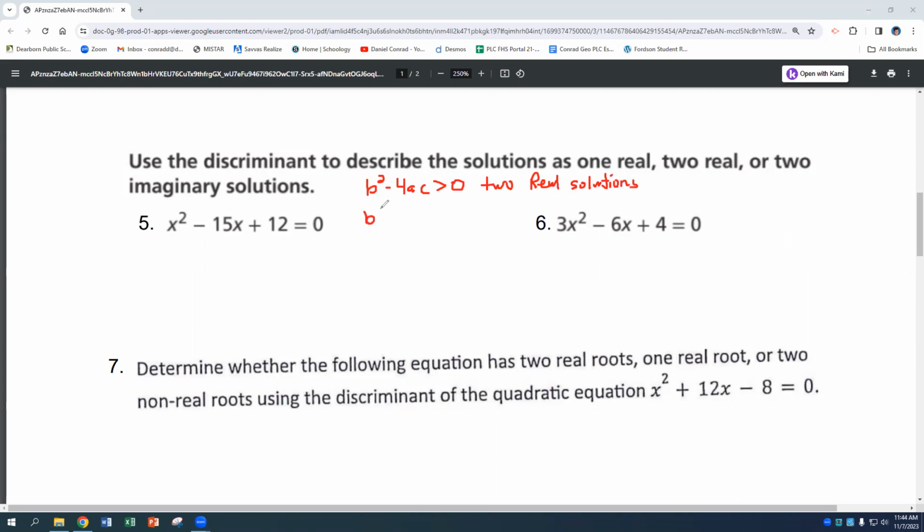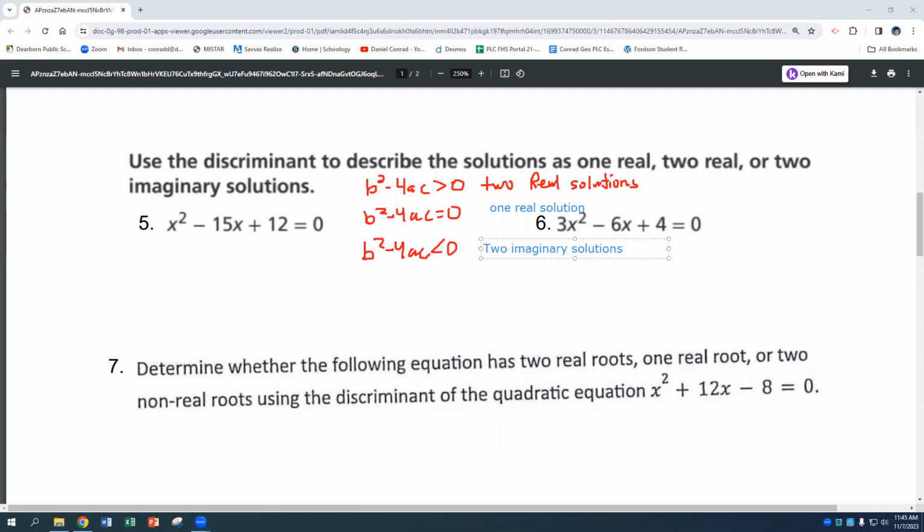If b squared minus 4ac is equal to 0, then you're going to have one real solution. And if b squared minus 4ac is less than 0, meaning it's negative, then you're going to have two complex or two imaginary solutions.